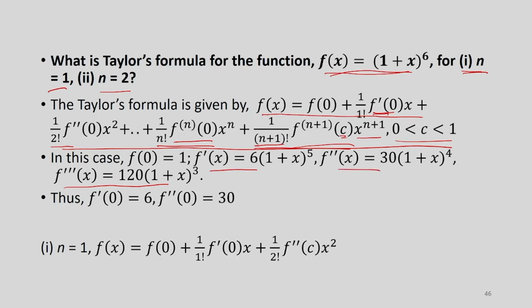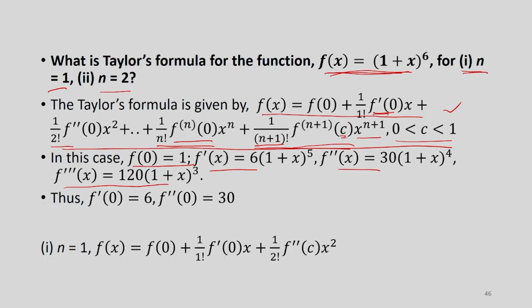Okay, so that's what we need to evaluate this particular form. Now, if you look at this function f(x) equal to (1 plus x) to the power 6, then what is f of 0? I have to put x equal to 0, then it becomes (1 plus 0) to the power 6, which is 1. So, that is what I have written here, f of 0 is equal to 1.